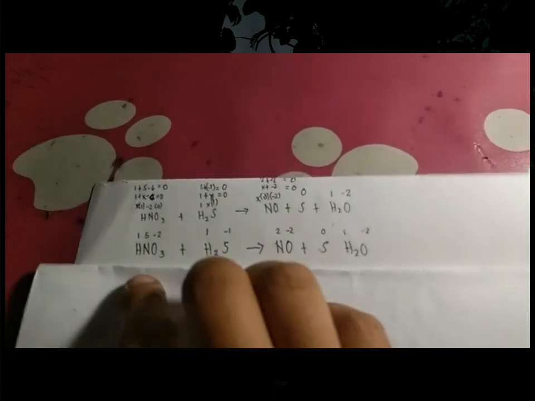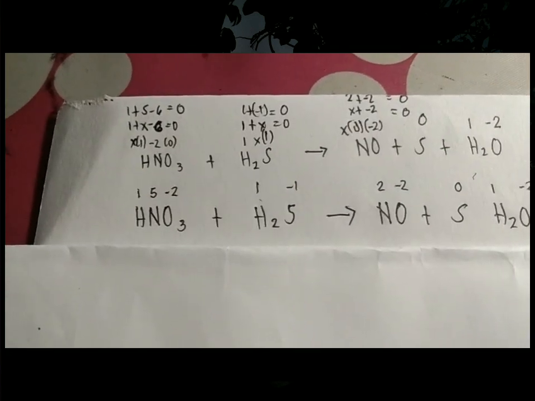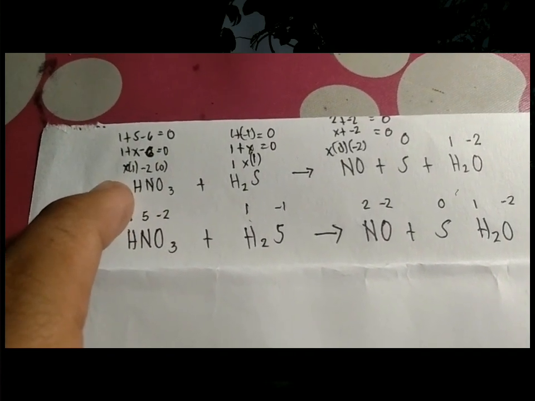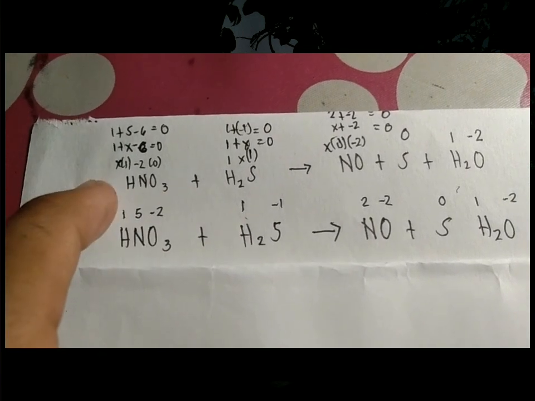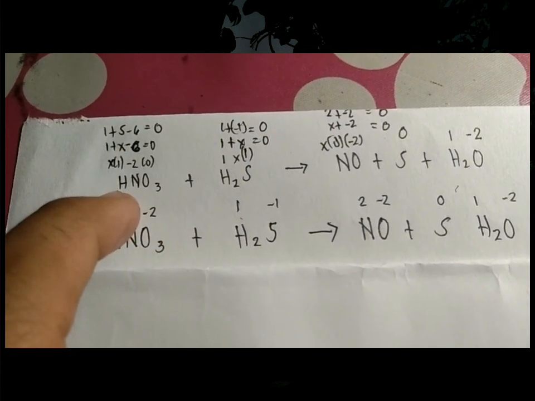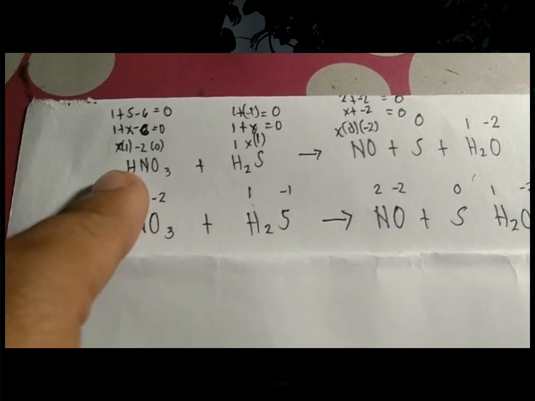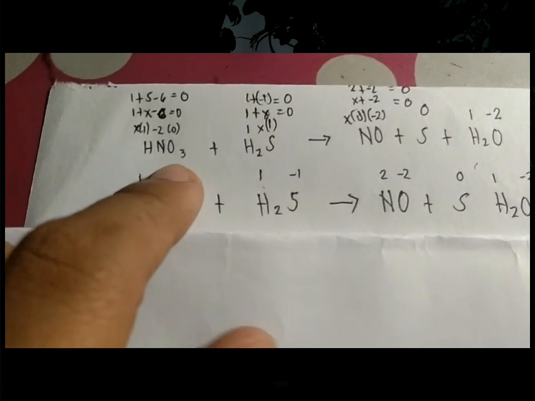So in finding in HNO3, we are going to have negative 2 in the oxygen, and for hydrogen we have x times 1, because it's understood that if the element has no coefficient, it is equal to 1.